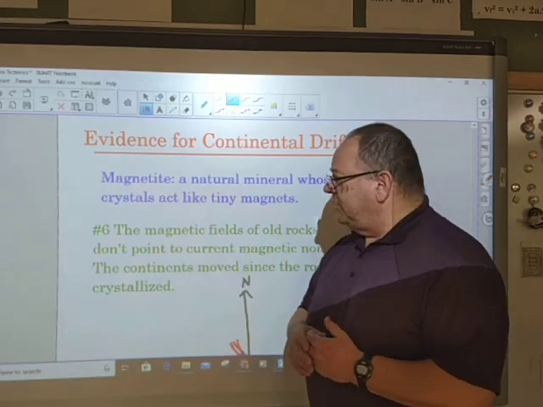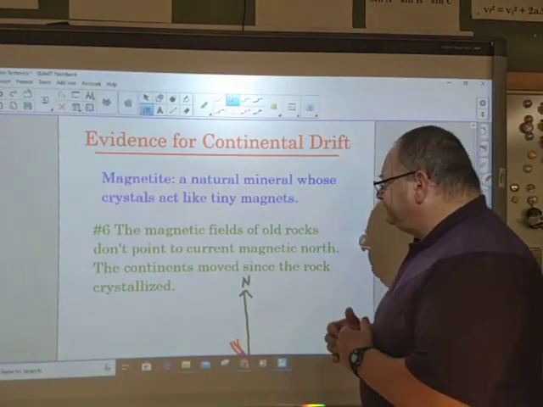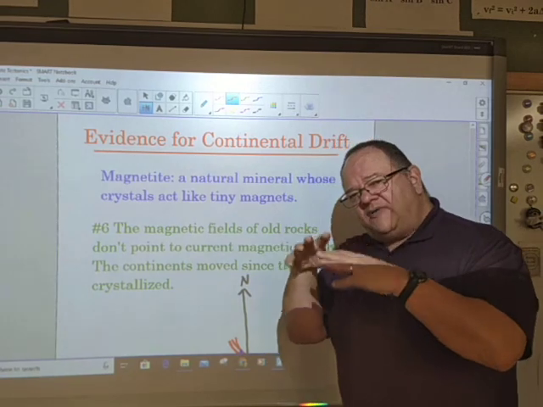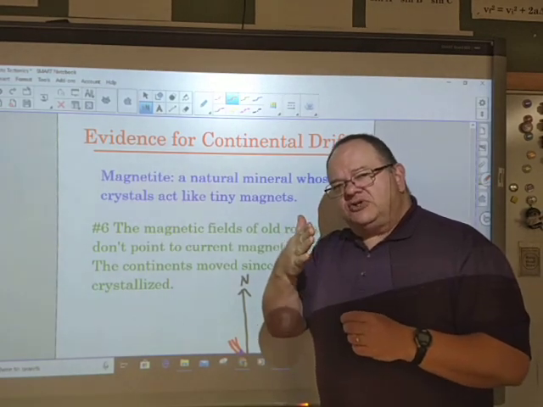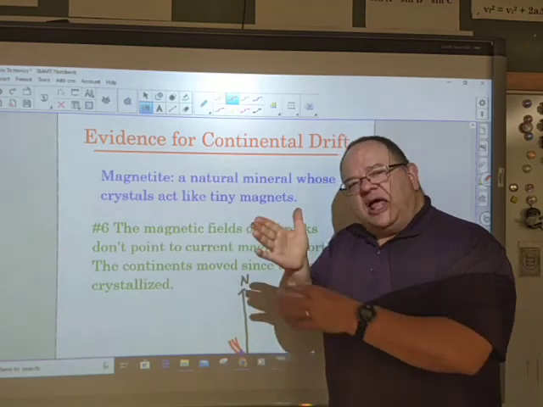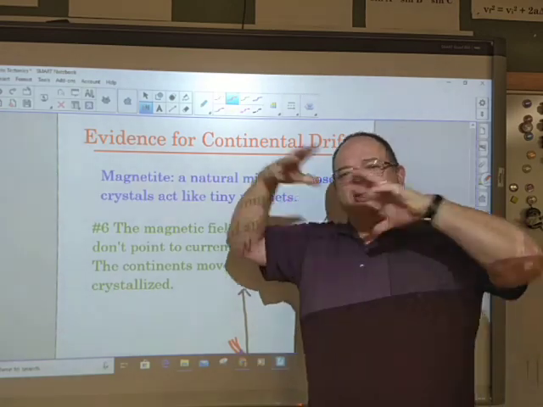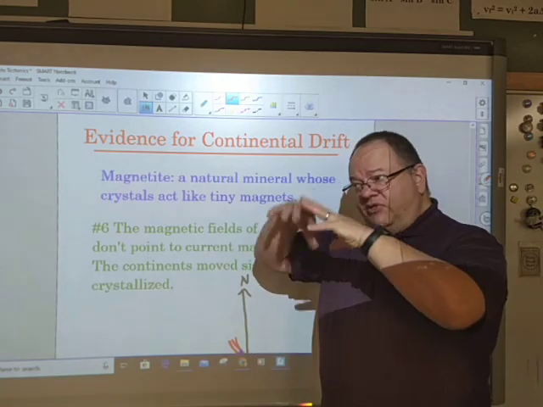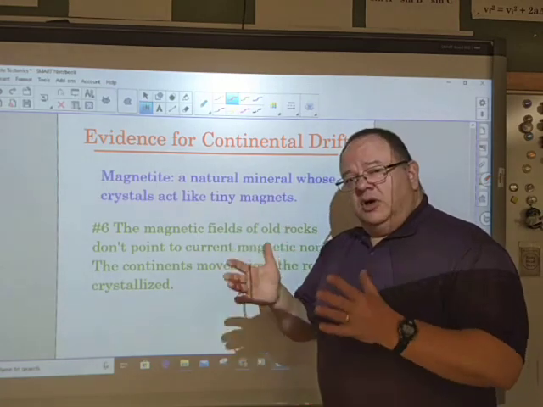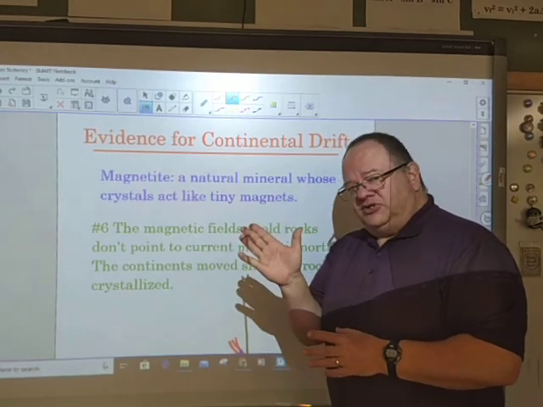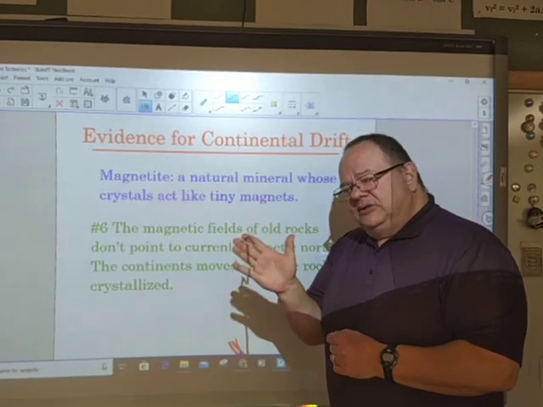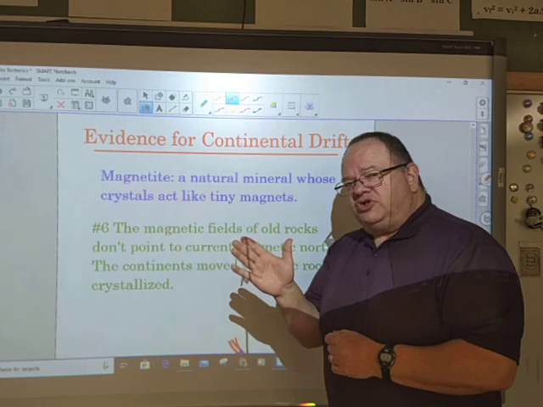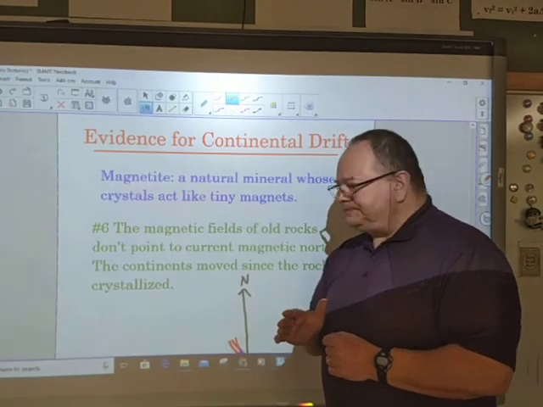Lava and magma cooling. And as the magma or lava cools and crystallizes, because the magnetite crystals are magnetic, what happens is they line themselves up with the magnetic field of the Earth. The Earth has a magnetic field. So basically, when that crystal cools and crystallizes, it kind of locks in what was the direction of the North Pole.